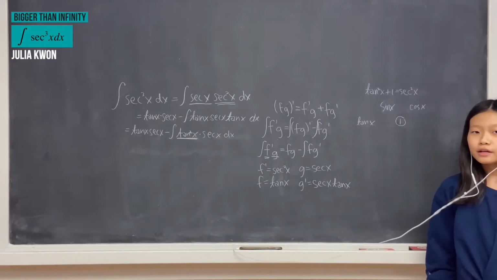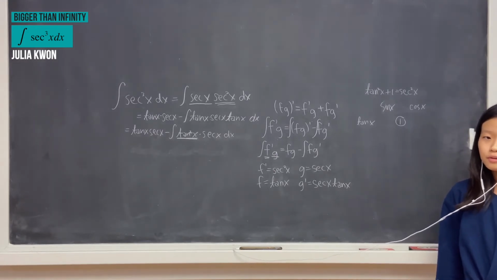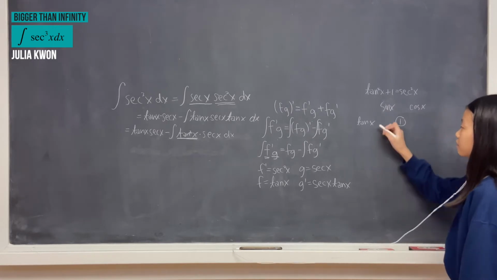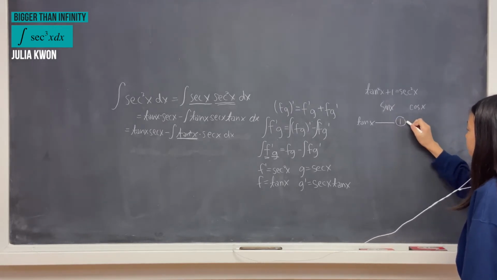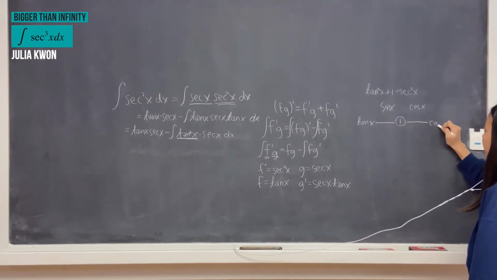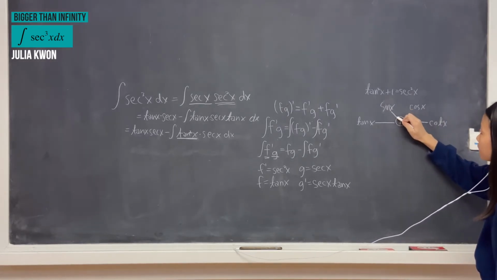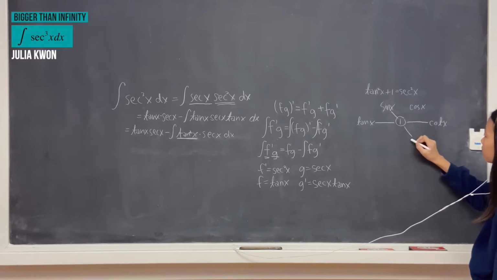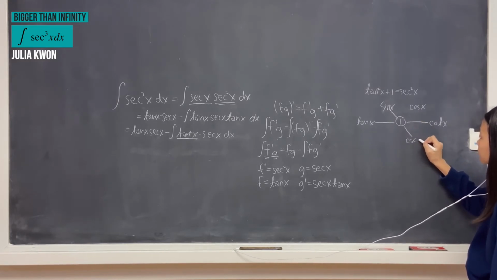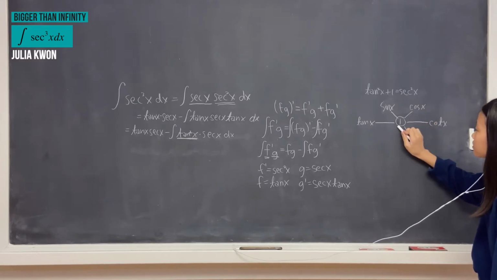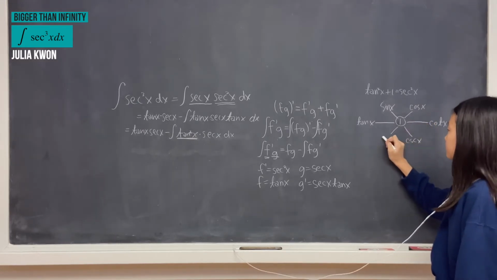So now I would like to write the reciprocal of each of these three things across from each other. So the reciprocal of tangent x is cotangent x. The reciprocal of sine x is cosecant x. And the reciprocal of cosine x is secant x.